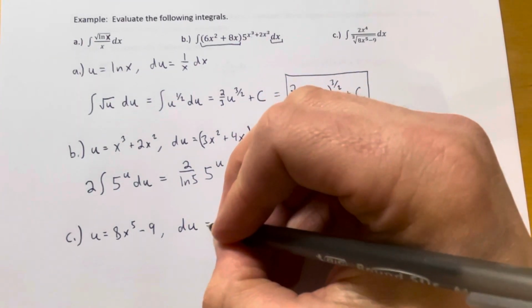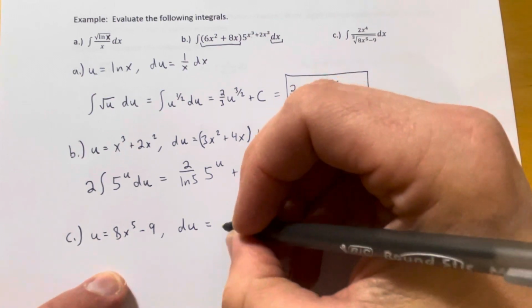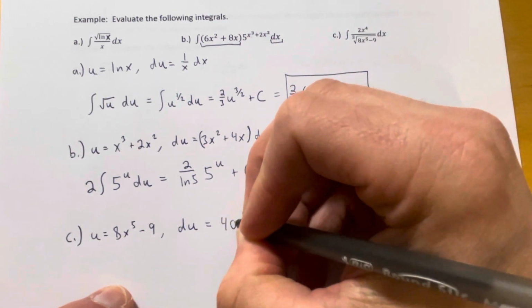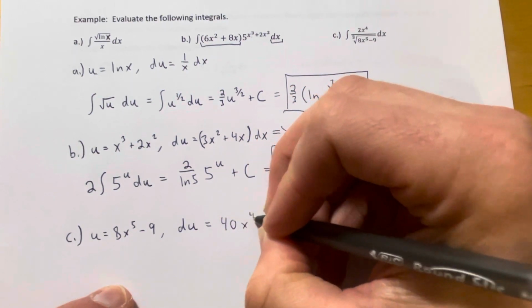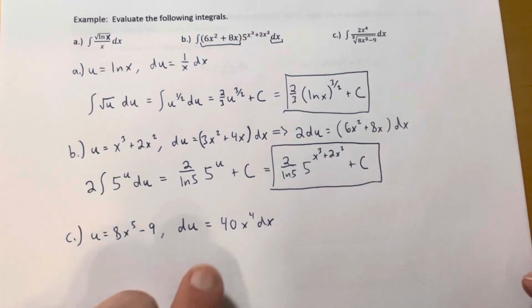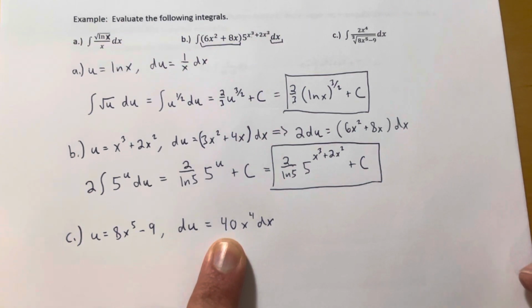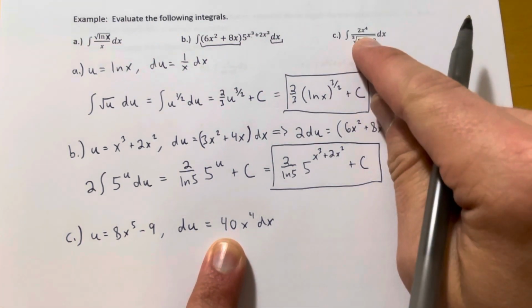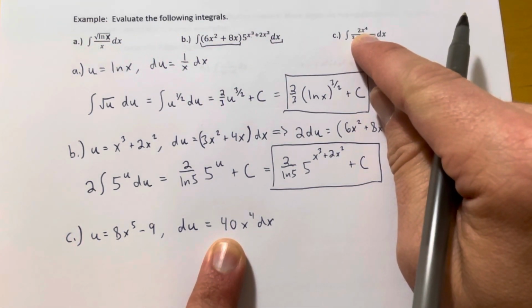What is du in this case? Well, 5 comes down, multiplies to the 8, that makes 40x to the 4th dx. As we've seen before, that constant does not match the constant that I actually want to be seeing there. I need to get a 2.